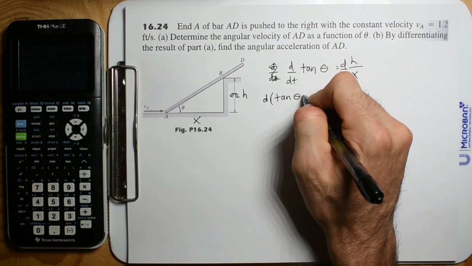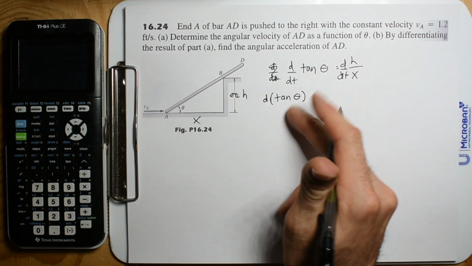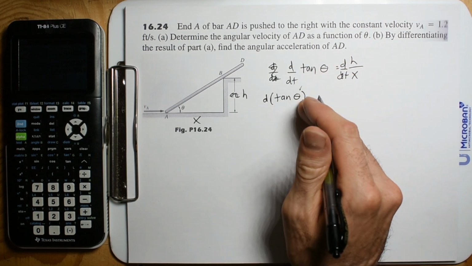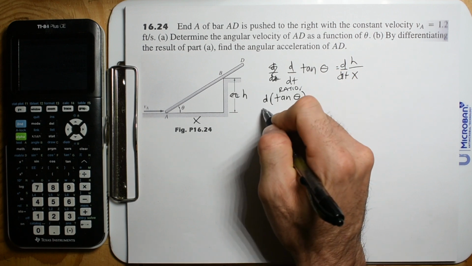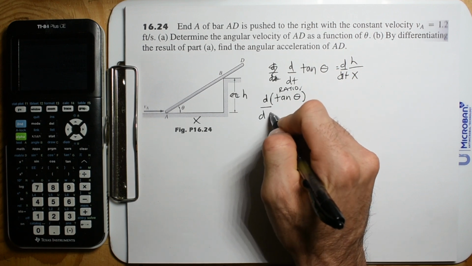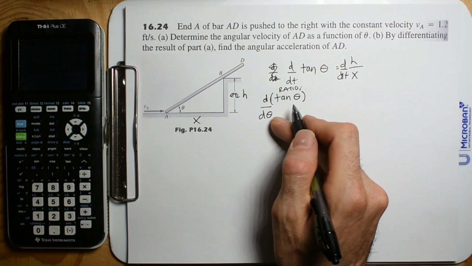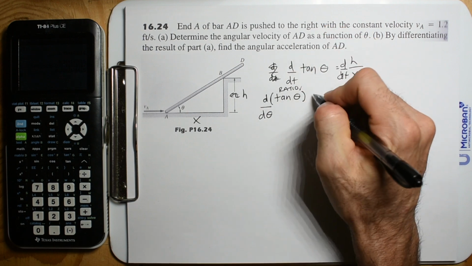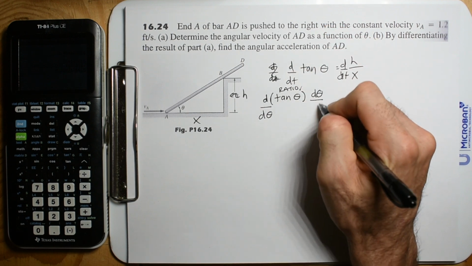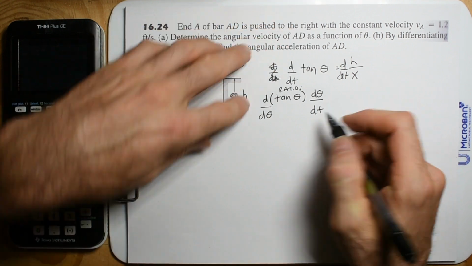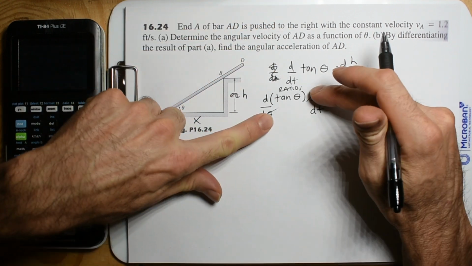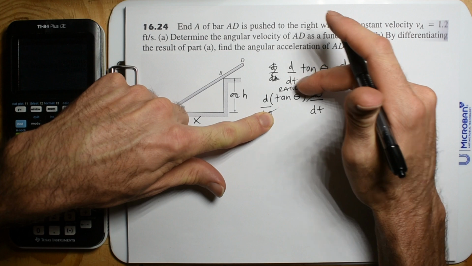What is this? This is the angle, but taking the tangent of it, this is the ratio. So I'm going to change the ratio with respect to the change in the angle. And then chain rule says that I have to take the change in the angle dt. So see how these can cancel, and you're going to be back to that.